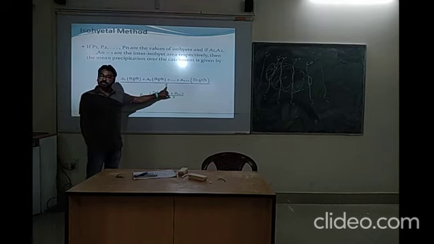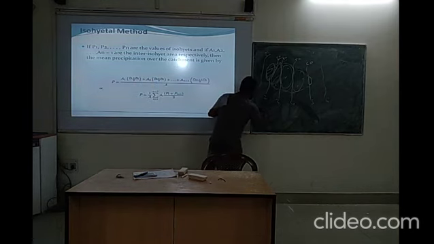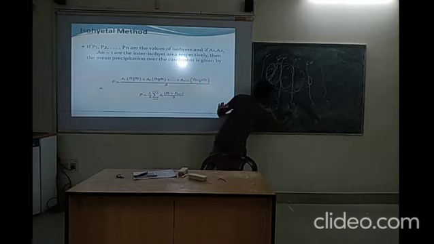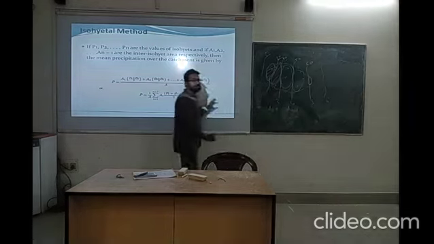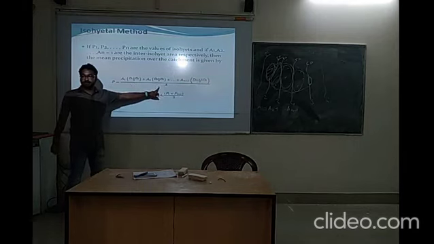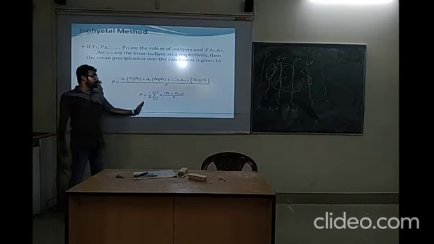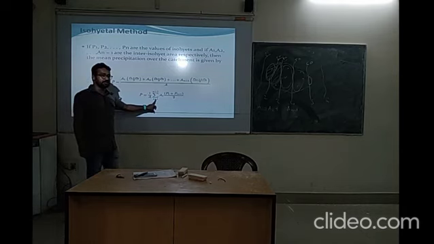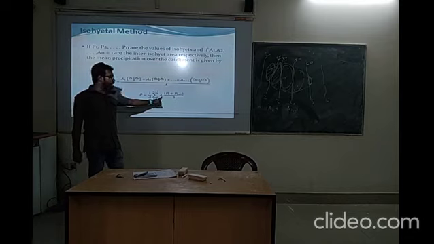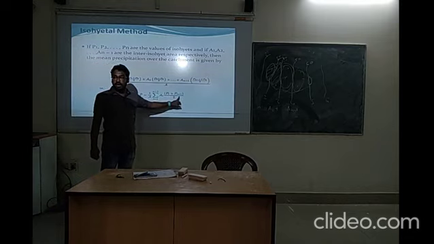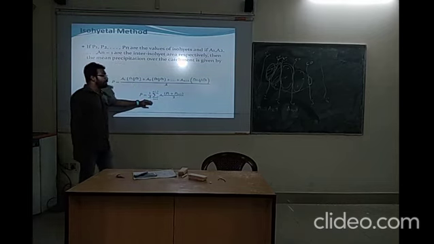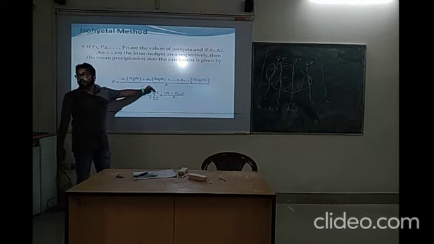So this will be represented by A. It is nothing but A1 plus A2 plus so on, which is A, the total area, right? So taking that outside, this will be the summation of Ai times (Pi plus Pi plus 1) divided by 2, where i will vary from 1 to n minus 1, right? Clear?